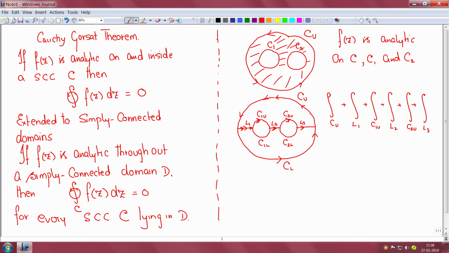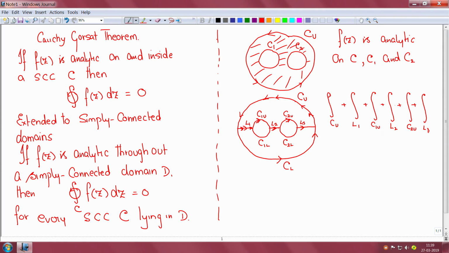Now, given that f of z is analytic on C, on C1, on C2 and in between, I have the statement of the Cauchy-Goursat theorem: a function f of z analytic on and inside a closed contour. All these little bits form this closed contour on the upper side.